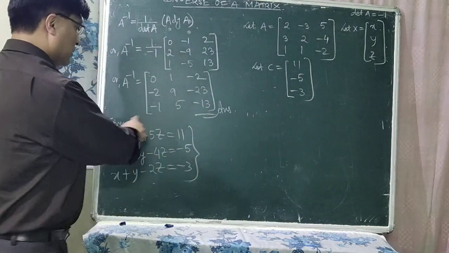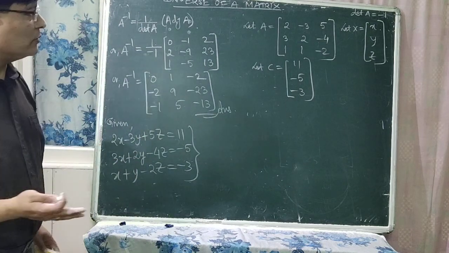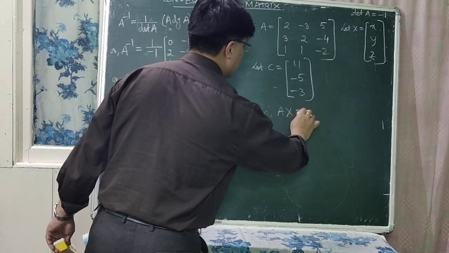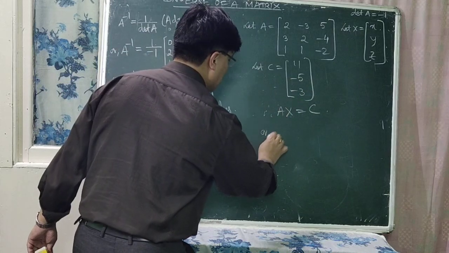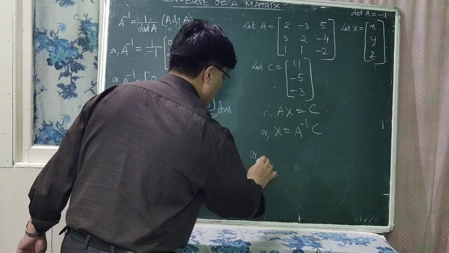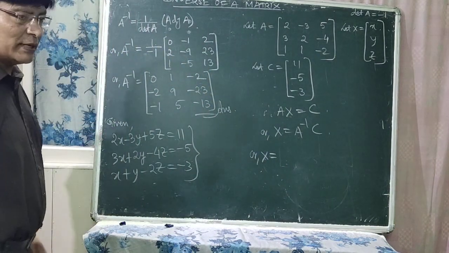So now these linear equations can be converted into a matrix equation. What is the matrix equation here? Therefore AX is equal to C. You can take A to the right hand side, or capital X is equal to A inverse C. What is A inverse? Just now we got the matrix A inverse.